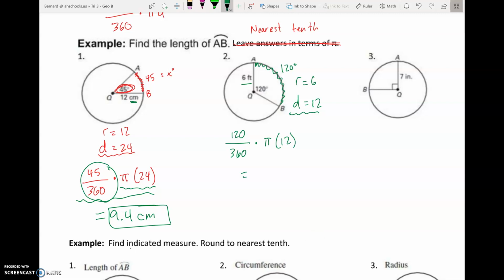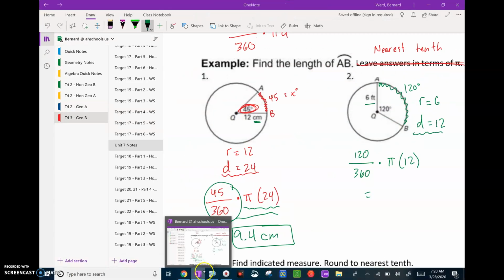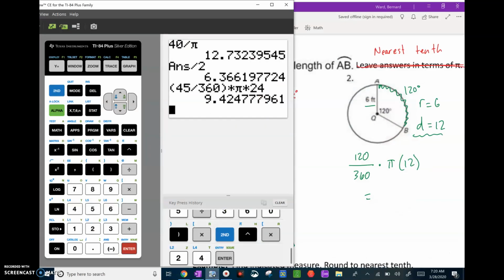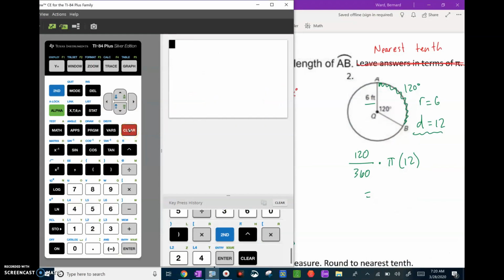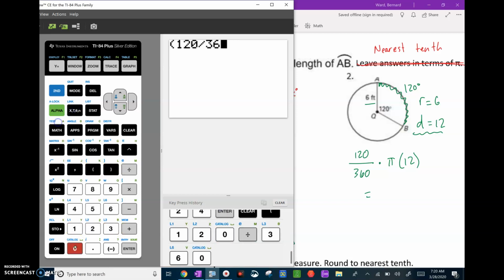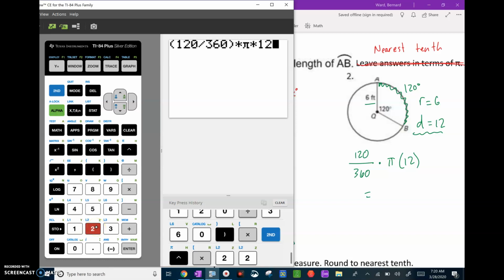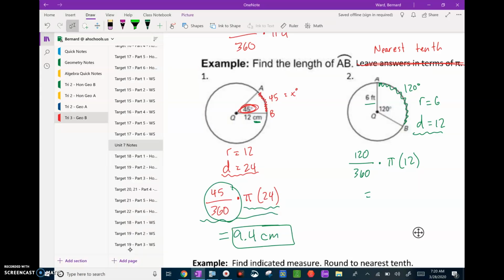Remember to put the fraction in parentheses. I'll do that again with you. I'll clear the screen so it's easier to see. So parentheses, 120 divided by 360, close parentheses, times pi times 12. Hit enter. There it is. We'll round up to 12.6. 12.6 feet.